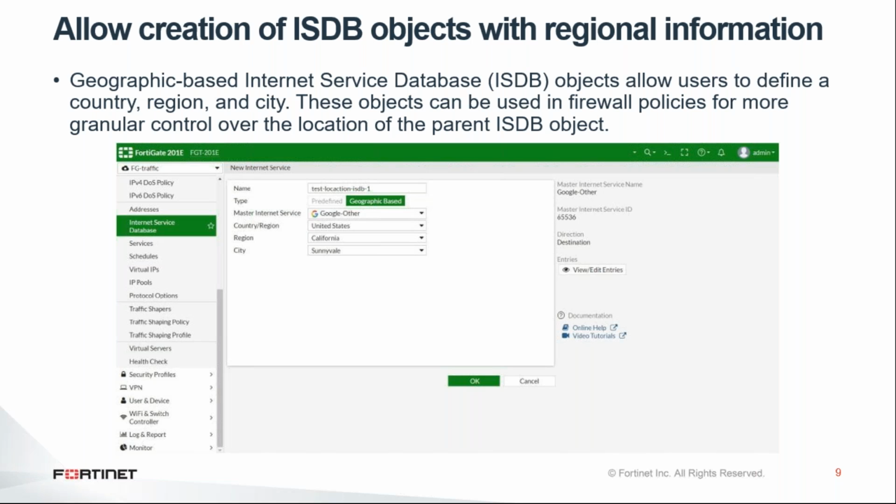For example, a customer in Belgium wants to use Google Gmail, and Google Gmail can only be used in Belgium, in the region Brussels, etc. Those kinds of flexibility you have today with the Internet Service Database with 6.4. We had already some requests from customers in the past in our region, Belgium and Luxembourg, for this one.